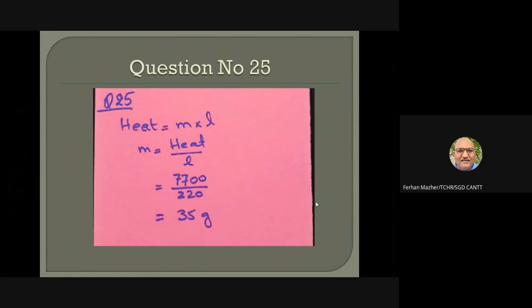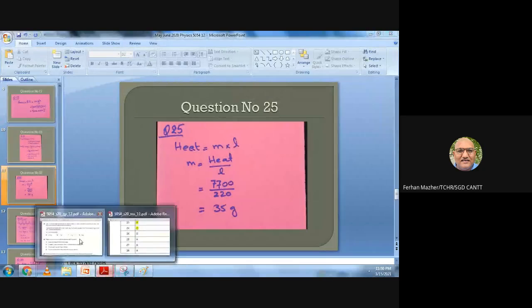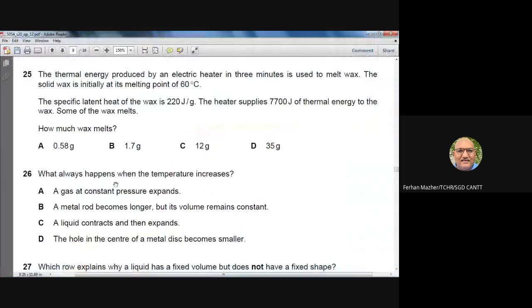So m equals heat divided by L. The heat given by the heater is 7,700 and the specific latent heat is 220. Just divide this on the calculator, you get 35 grams. So 35 grams of wax will melt. D is the right option. Question number 25, D is the right option.